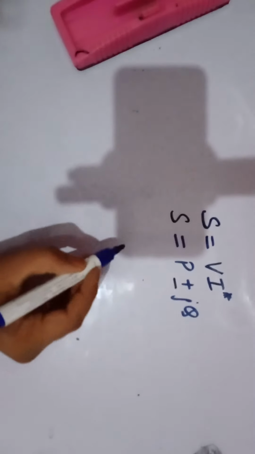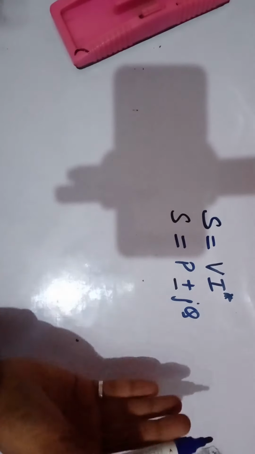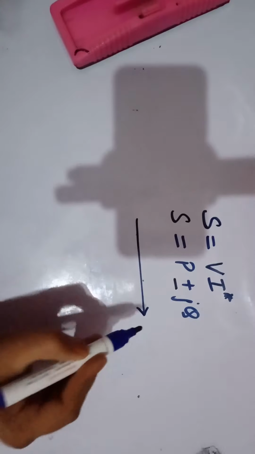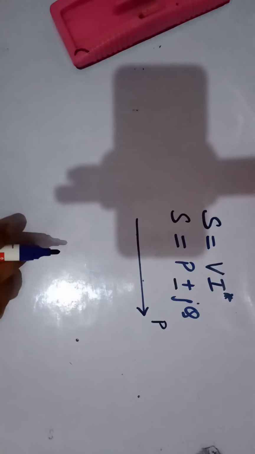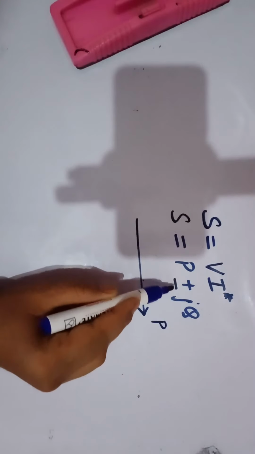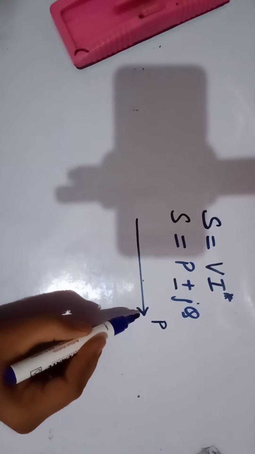Now if I draw this P plus jQ on a diagram, j means there is a shift of 90 degrees, so I can draw it like this. This is my P. I can take both the signs, plus or minus, but I prefer using the minus sign because you will understand it later.